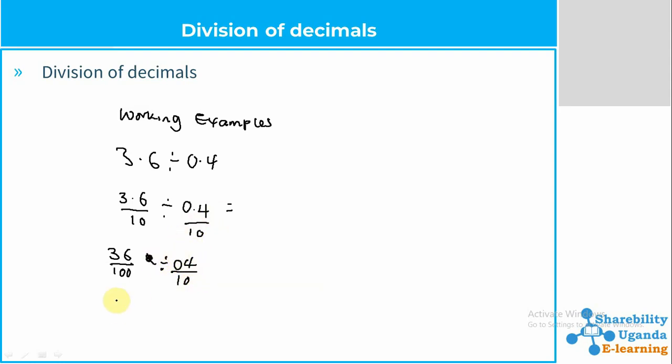So now when you have our number in this way, we should be able to look at how we can divide this. So when you have 36 out of 10, this is 10 please, not 100, divided by 4 out of 10.